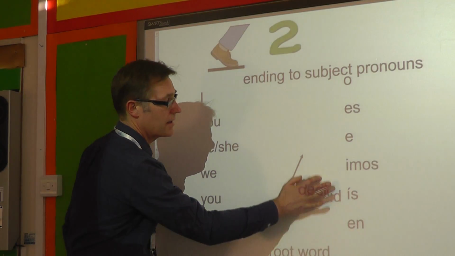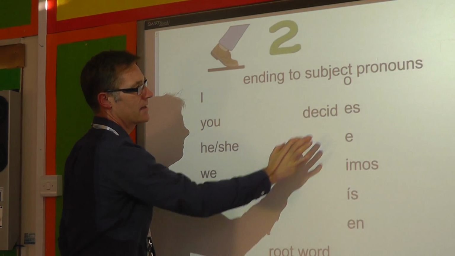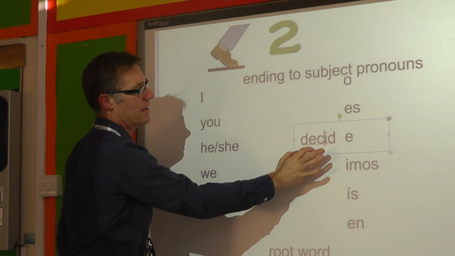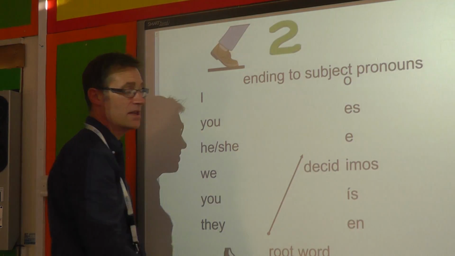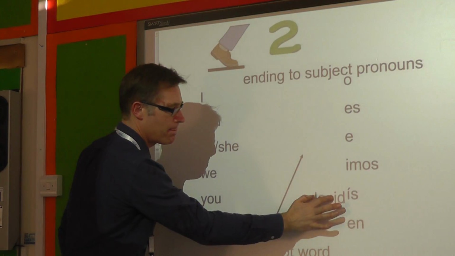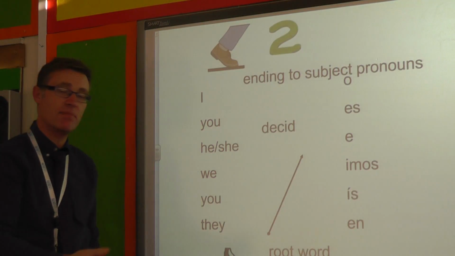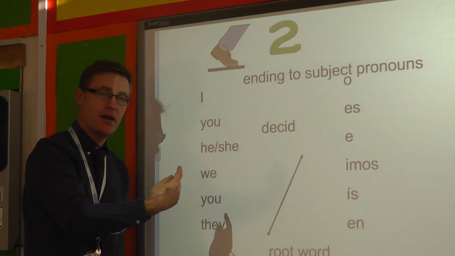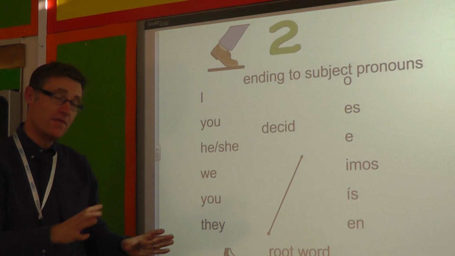Once again, decido, decides, decide. Here's the change. Decidimos, decidís, deciden. So the process was exactly the same as AR, ER verbs, but the endings are just very slightly different.